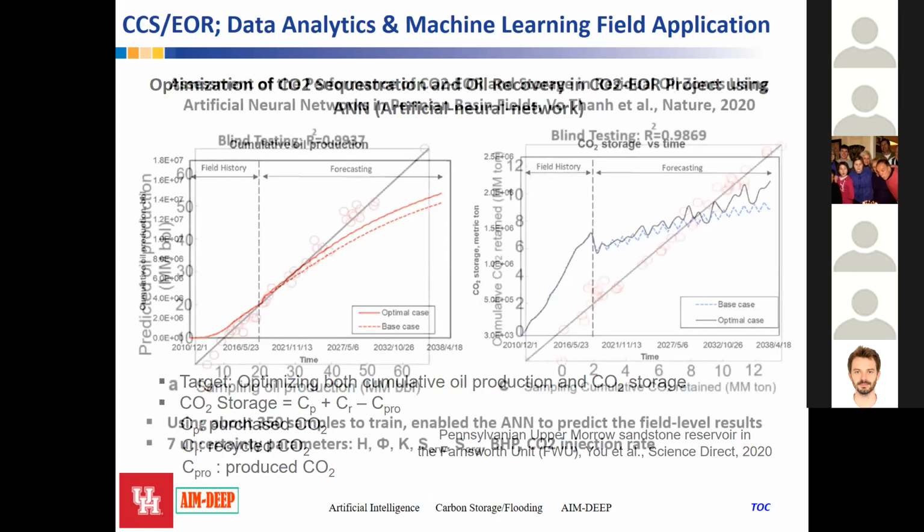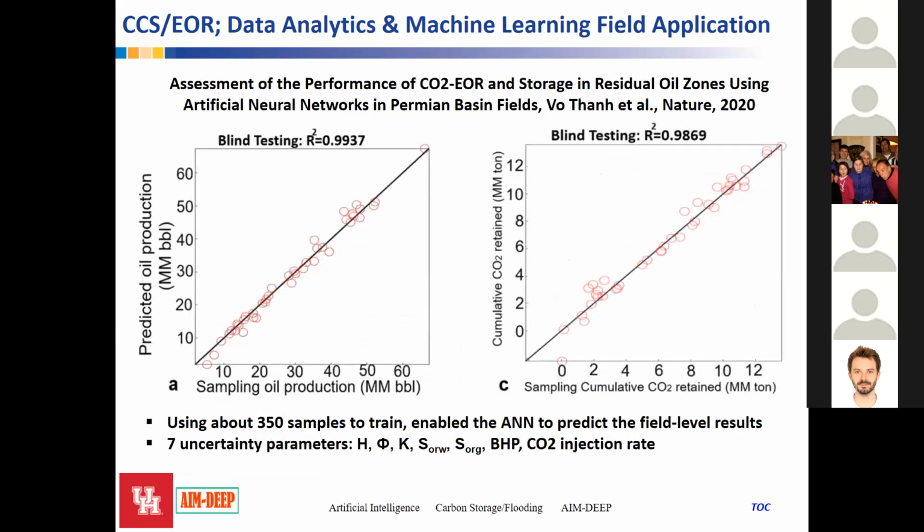The next case was done on, I guess, 4 or 5 of the Permian Basin reservoirs, including the famous Wasson field, Robertson, and a couple more. Again, they tried to build a numerical simulator to train their network using CMG GEM.